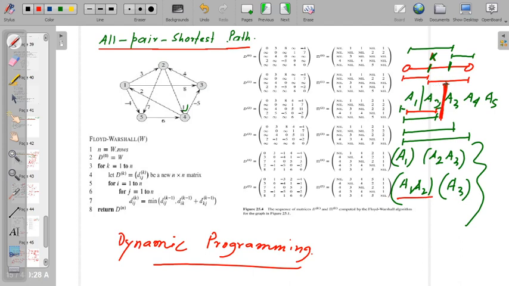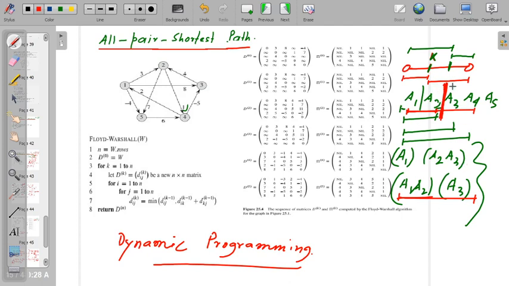That solution is ready for us. That solution is already stored. Instead of computing the optimal solution for this again, I have already computed that, and that stored solution I'll be utilizing whenever I take chain length 4 or chain length 3. So that is the main philosophy.